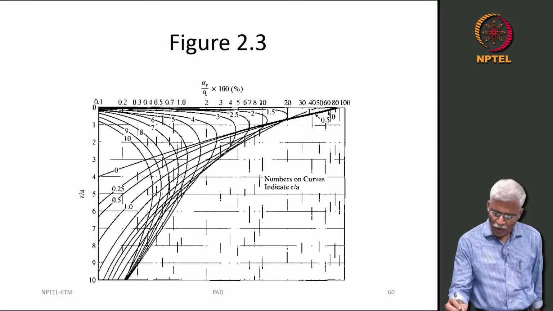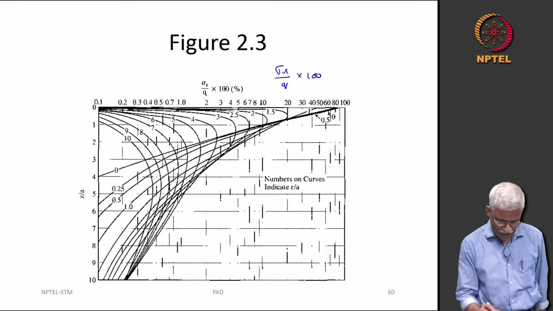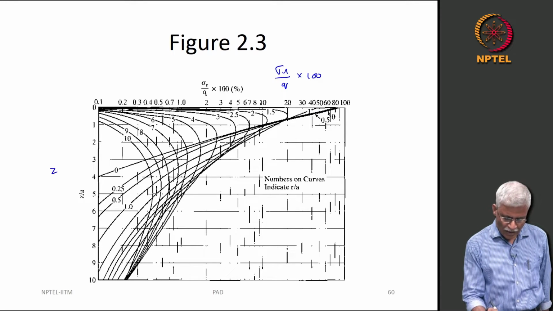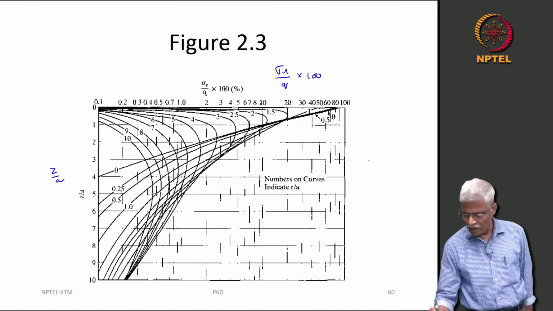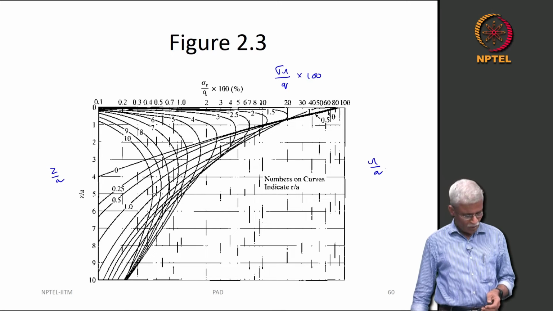And figure 2.3 is sigma r by q times 100, z by a and r by a. So, this is also something you know very well.